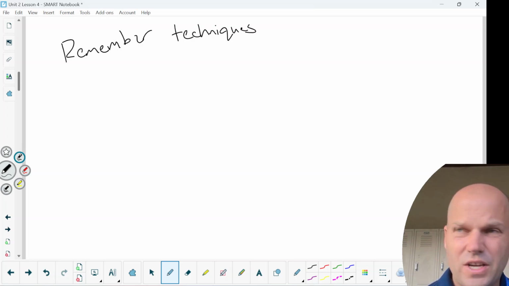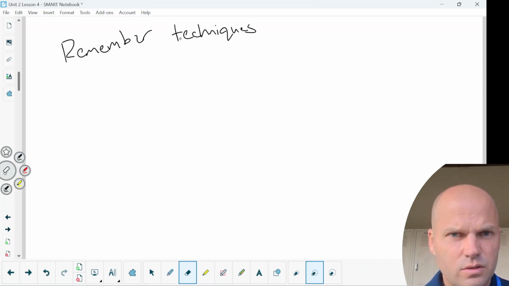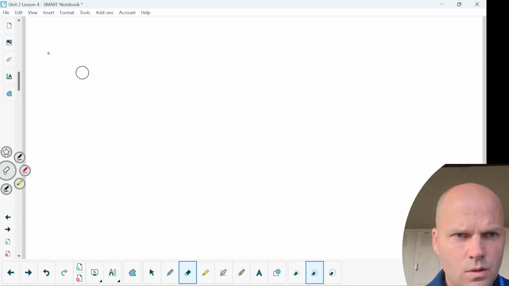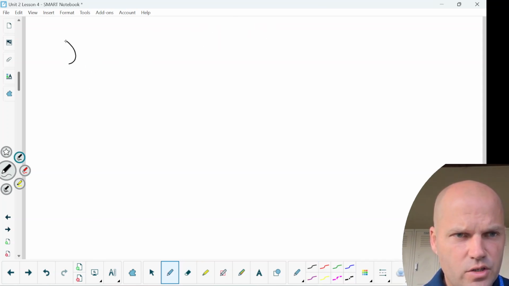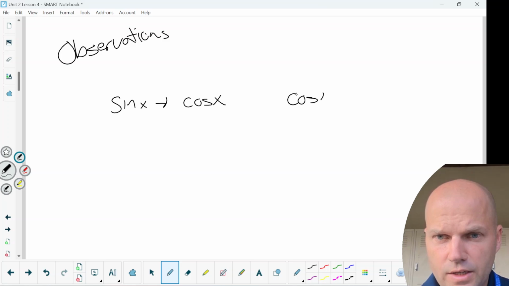I don't know if I want to call them techniques or rather just observations. So maybe I say observations. And my observations are that sine slopes are cosine. Cool, positive. Cosine slopes are negative sine.